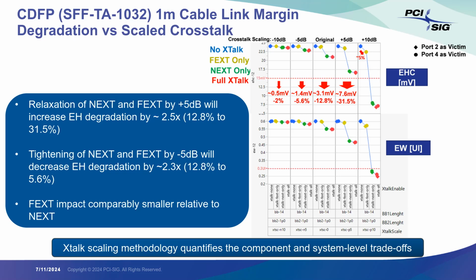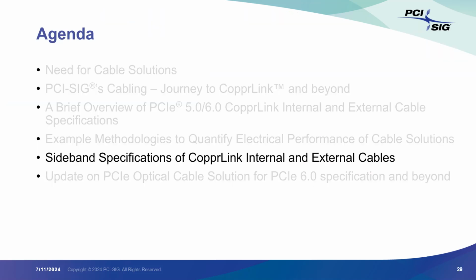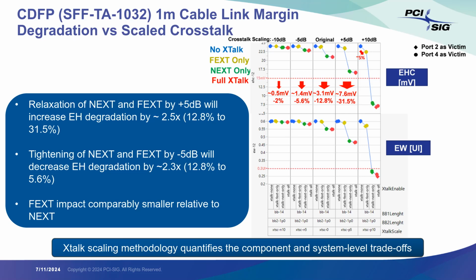On the other hand, if we look on the left side, improving it a lot more will not really benefit much, so we do not want to overstress the channel. That's basically how we decide. So this hopefully gives you an idea how the specification comes along with this collective work and detailed analysis.